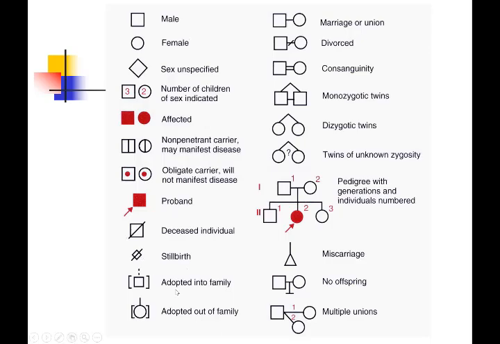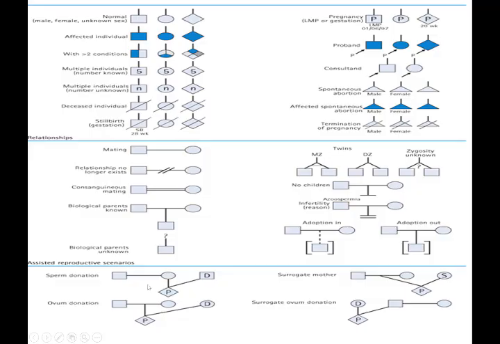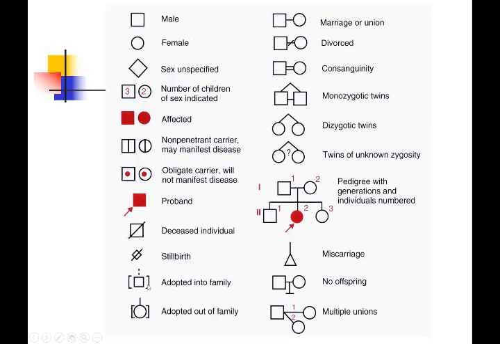Adopted into family is when a child is received in the pedigree from another family or from the nursery. Adopted out of family is where they have a child who was adopted by another couple.